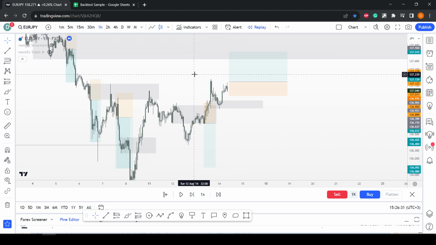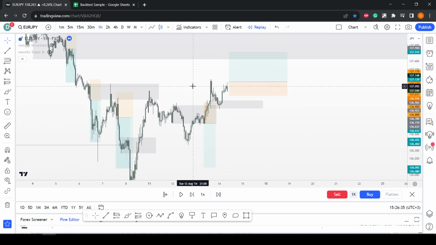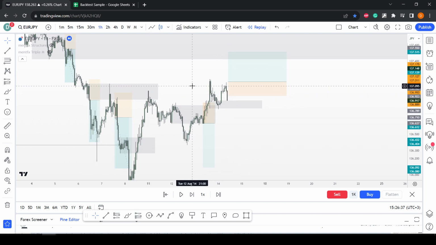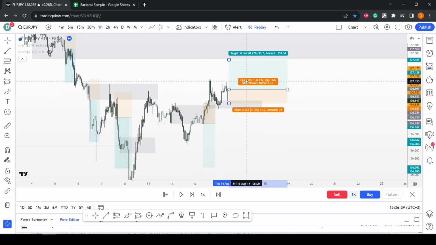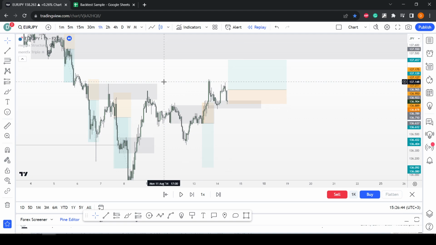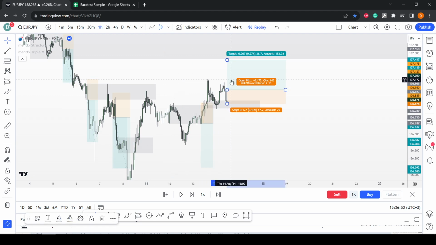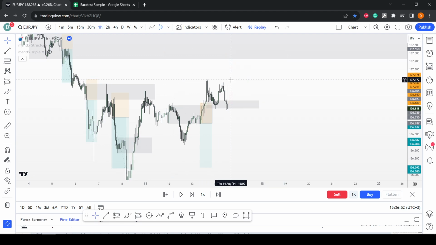So if we will break, then enter. If no, then maybe enter from there. So no entry here. Now if we break this, we can enter. So not tapped yet. And let's just wait it out a bit.